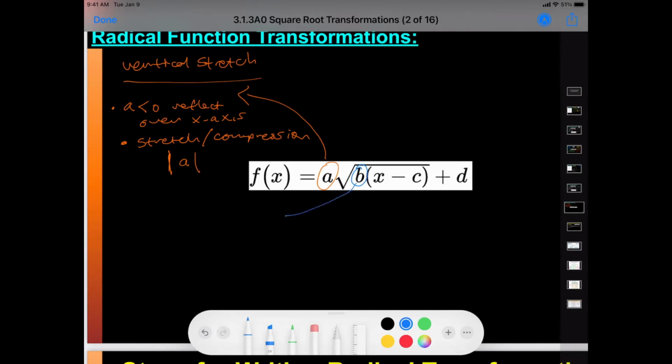Notice how B is on the inside, and that B value is the horizontal stretch or compression.